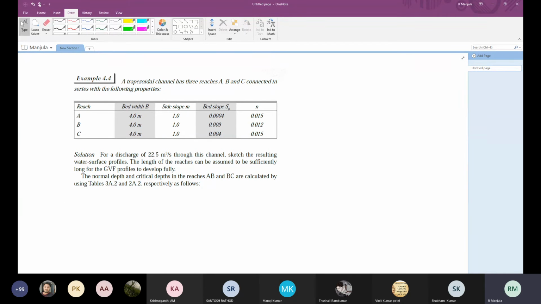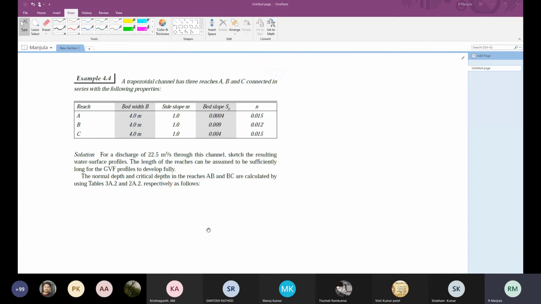You can see this problem. A trapezoidal channel which has three reaches A, B, C, which are connected in series with the following properties. So bed width is given, side slope is given, bed slope is given, and Manning's n value is given. Okay. Now you need to estimate what is the normal depth and critical depth. Identify the profile. Okay. How to mark the various controls, how the channel reaches will be. So here you need to have these two tables.